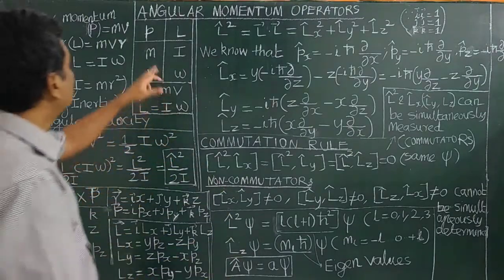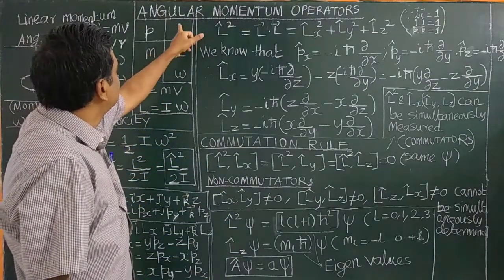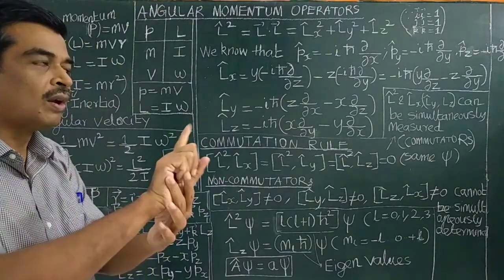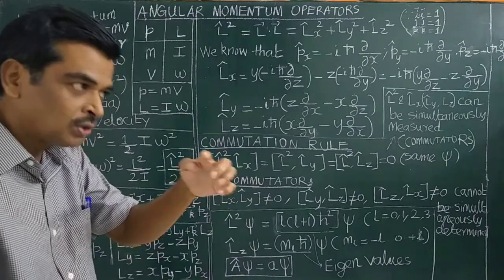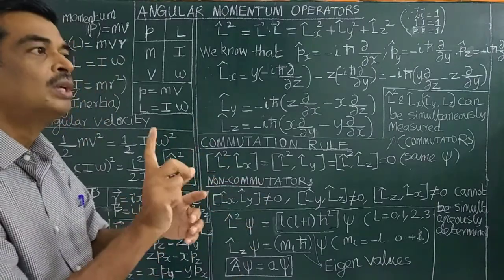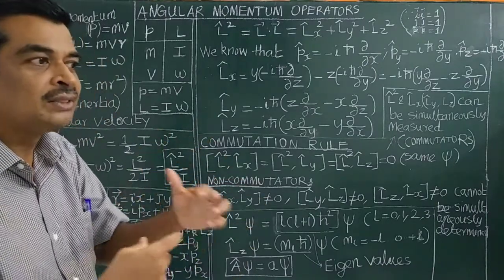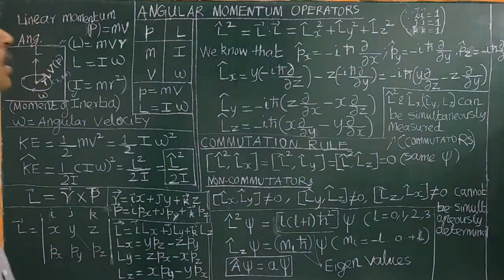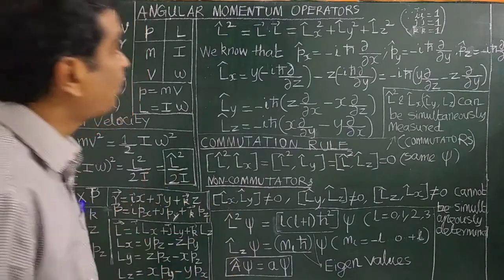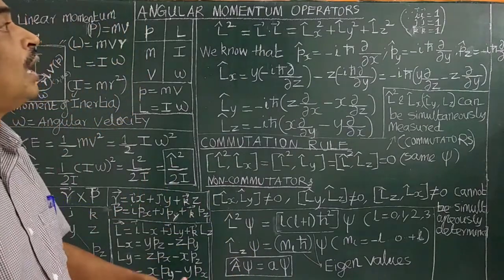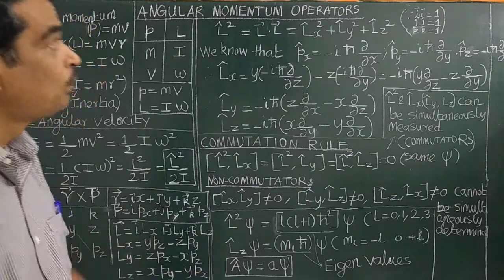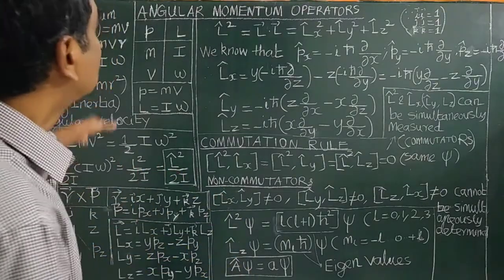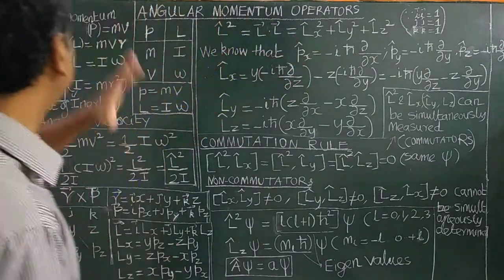Similarly, the electron spins about its own axis, and that gives spin angular momentum. So angular momenta are very important for studying rotational spectroscopy, electron spin resonance, nuclear spin resonance spectroscopy, etc. So the angular momentum operators are very important.